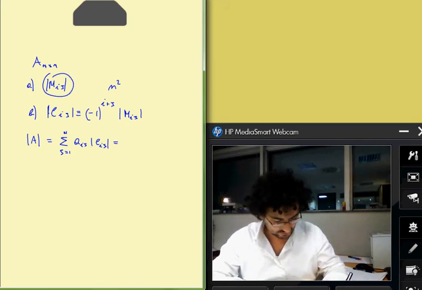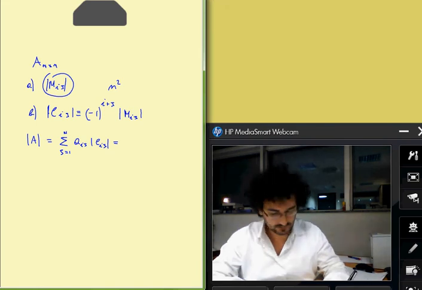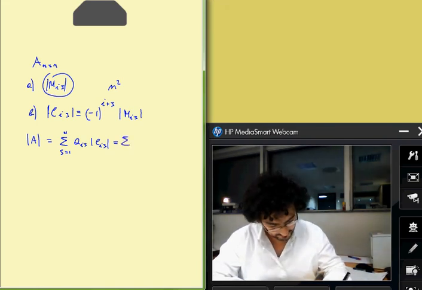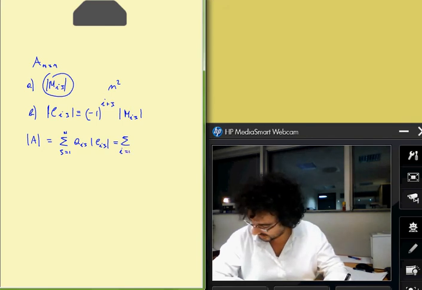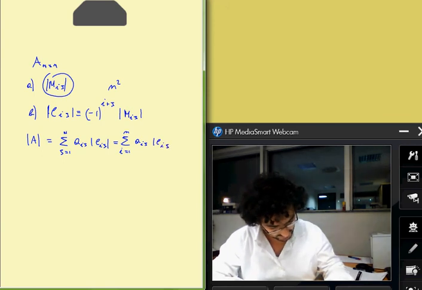In this case we are considering the row i. We can also consider the column, with the sum for i equal to 1 until n of A_ij multiplied by the cofactor C_ij.